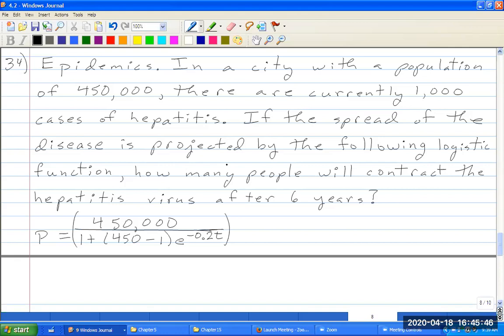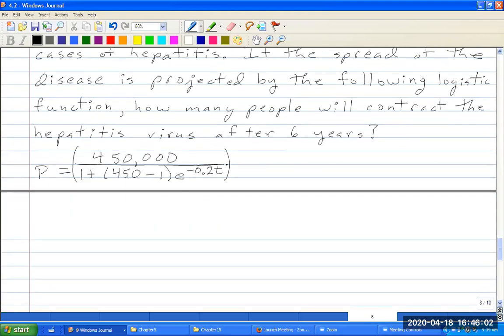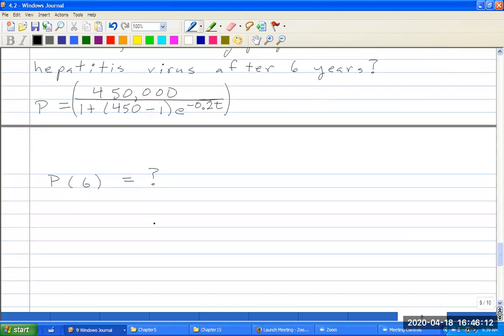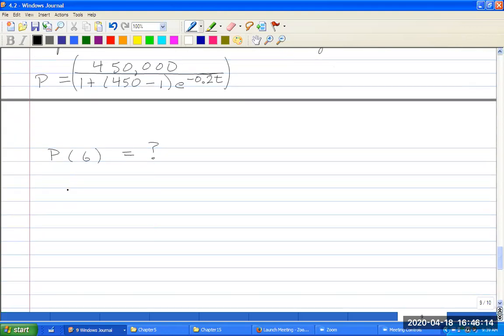If the spread of the disease is projected to follow a logistic function, how many people will contract the hepatitis virus after 6 years? Okay, so let's do this. So I want to figure out what P is at 6. So I just plug in.